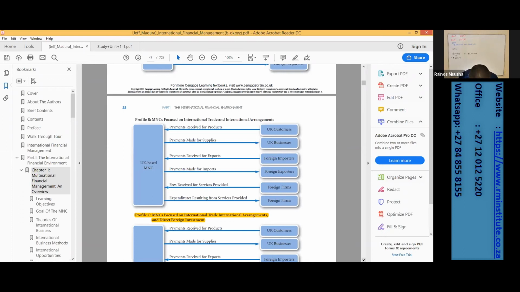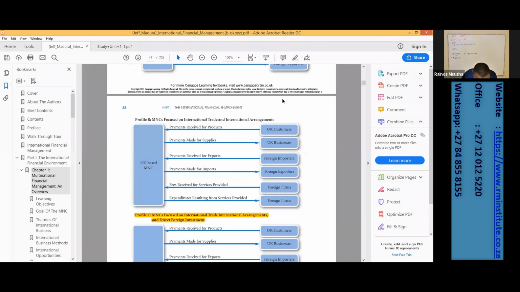In this case, there are going to be payments received for the products that they sell, payments made to suppliers, payments received for the exports, and payments made for the imports as well.